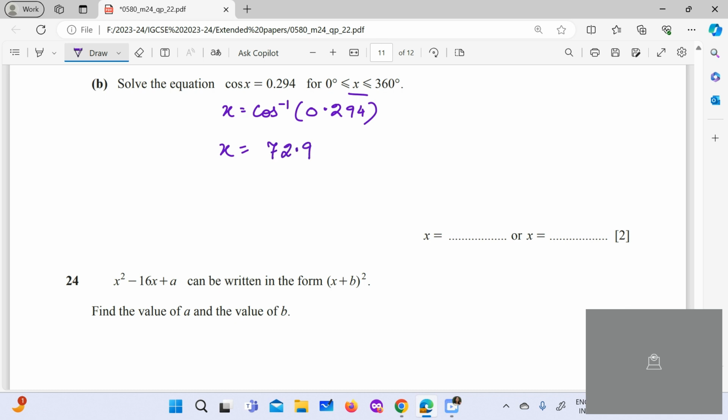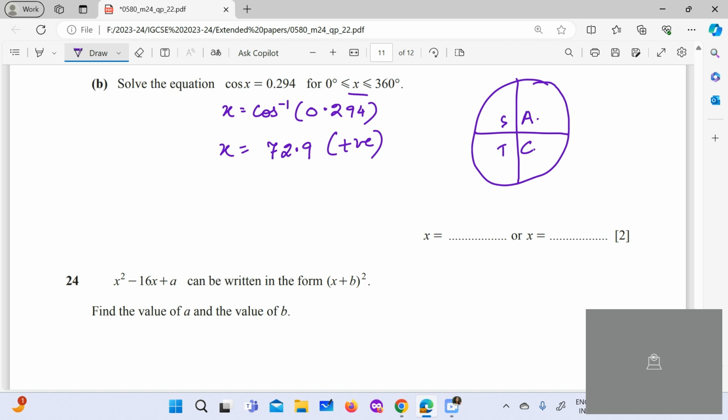Now you see that here the cos value is positive. We got one value of x and we have to find another value of x. So this is positive, so we have to see where the cos value is positive. If you follow this CAST diagram, here cos is positive, here all positive, here sine is positive, here tan is positive.